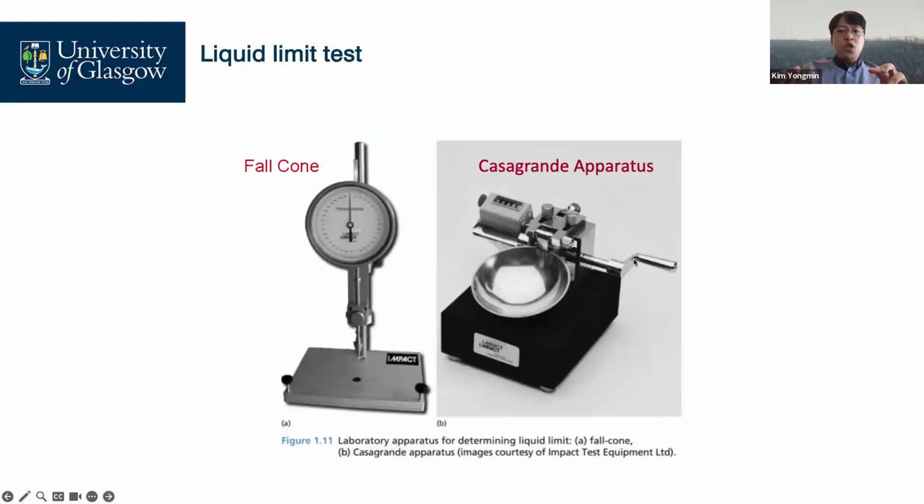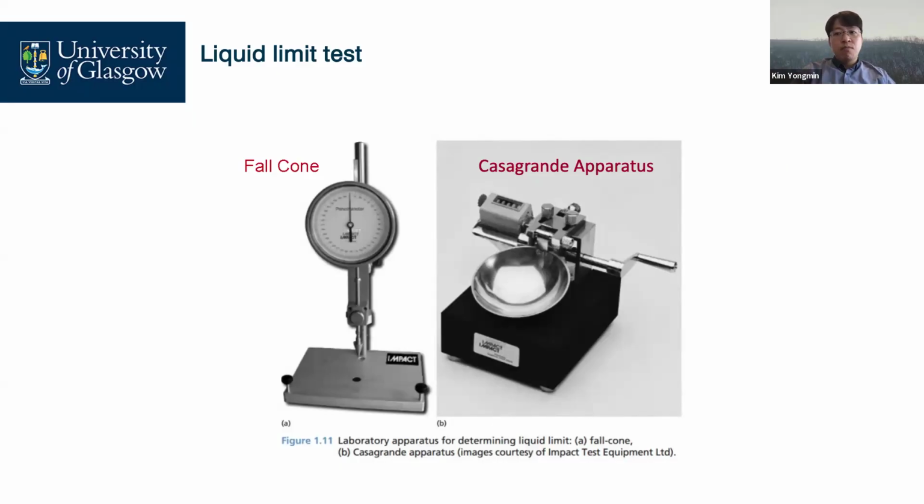Now, in order to determine the liquid limit, we have roughly two famous lab apparatus: the fall cone test and the Casagrande test. When I was in college, I used to use the Casagrande apparatus. It is a very empirical way, and workmanship affects the result.